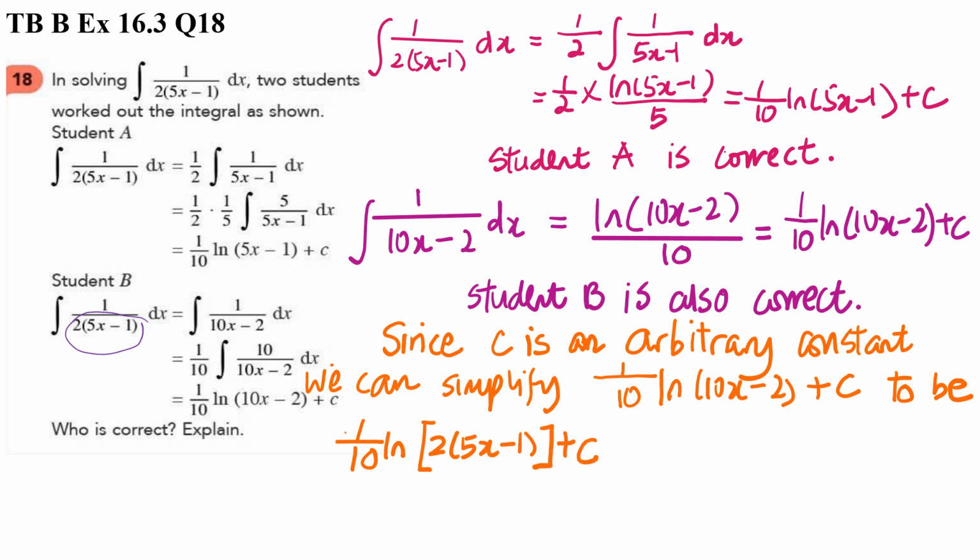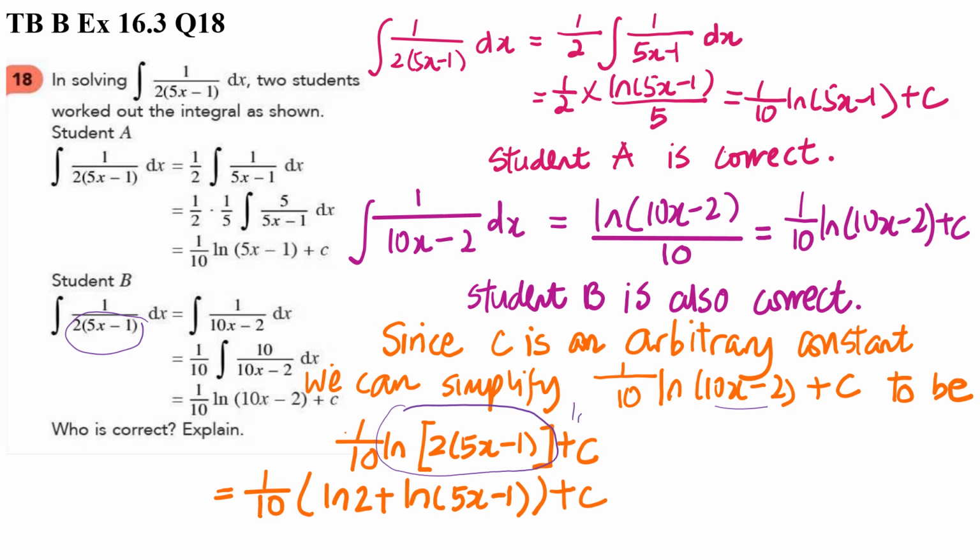Yes, I can actually simplify 10x minus 2. Simplify 10x minus 2 to be 2 bracket 5x minus 1. And then you can apply the product rule for logarithmic functions. Okay, this one here. This is like your ln AB. That gives you ln A plus ln B.